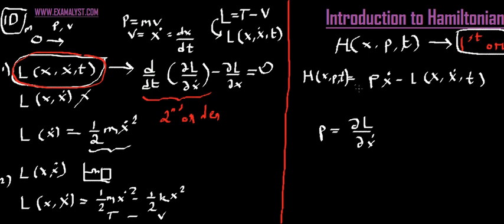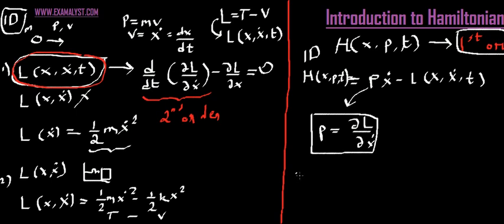Okay, so this is how you find Hamiltonian from the Lagrangian. Define the Lagrangian and then do p x dot minus L. Remember, this is for 1D. Okay, now what is this p? This p is this, which is the canonical momentum. Okay, everything is clear till here?